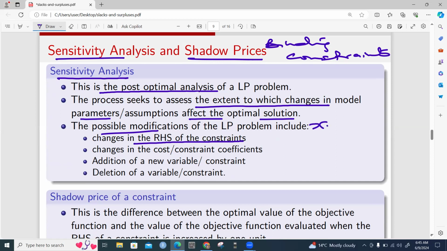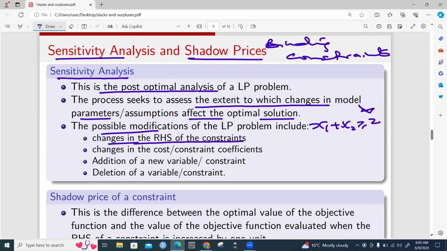If I've said x1 plus x2 is greater or equal to 2, what happens if I change the right-hand side to 3 or to 4 or to 10, or I make it even smaller? How does that affect the behavior of the optimal solution of the model itself? That's a sensitivity analysis. It's asking, what if I do this?